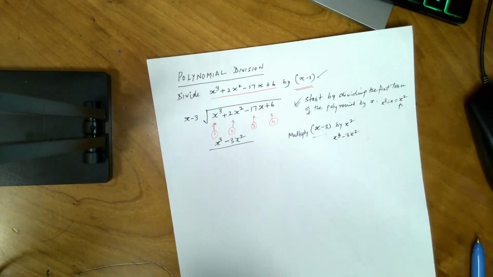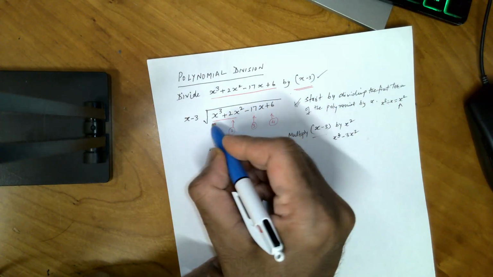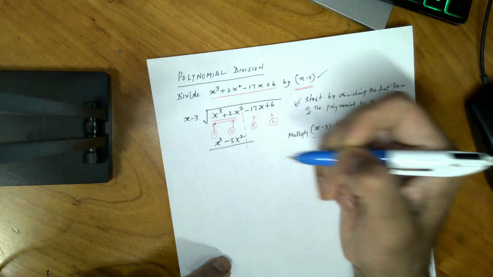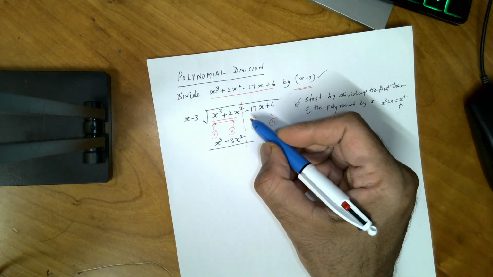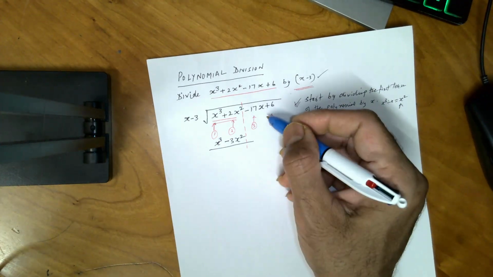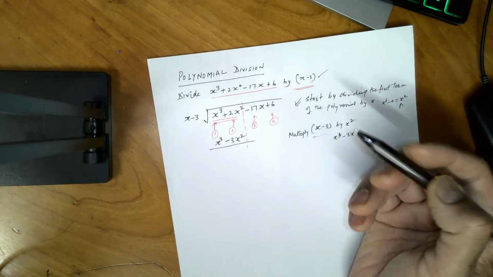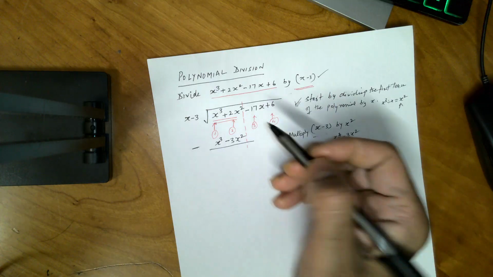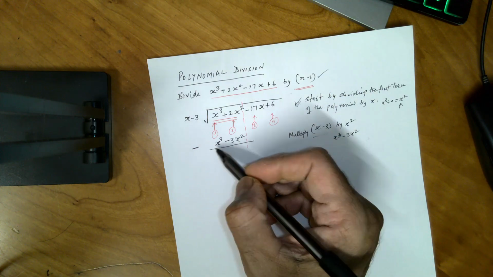Now you see, we will do this part first, so that you know you're working with only this part, not working with minus 17x plus 6, not yet. However, we will do that. So with this, if I say you minus that, you have to give x cubed minus 3x squared a minus sign.